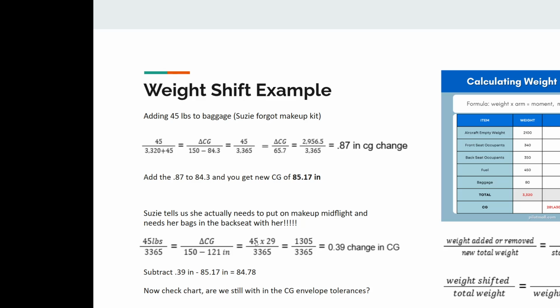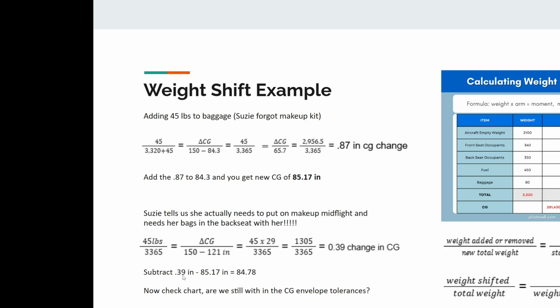So you see here, 45 times 29, because we cross multiply. That gives us 1,305. And now again, as in the previous example, we'll divide that by our total weight. And that gives us a 0.39 change in center of gravity. Now, we're going to subtract because we are moving it more forward along the aircraft, I should say.